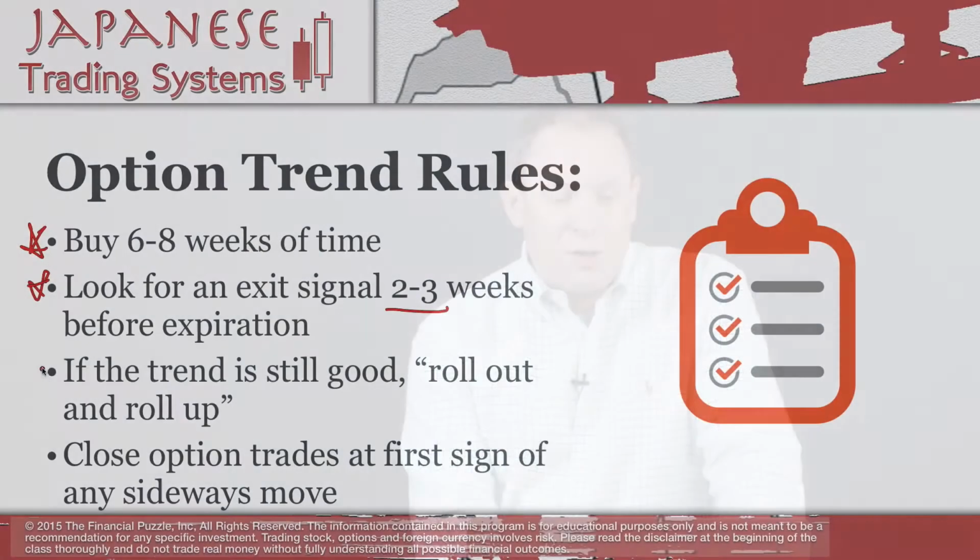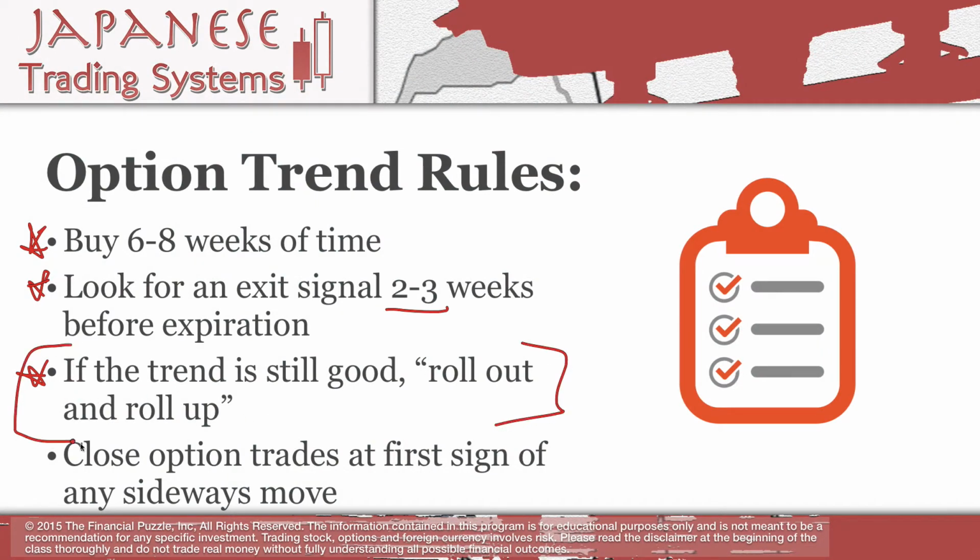Now if the trend is still good, and here's one of the big keys, let me highlight this as many ways as I can: if the trend is still good, roll out and roll up. What does that mean? It is not scary. It's simply this. Let's say you bought an August option for a $100 strike price and the stock's doing well. As you're getting close to August expiration, you say, I'm going to sell the August 100, that's rolling out, and I'm going to buy the November 110 strike price.